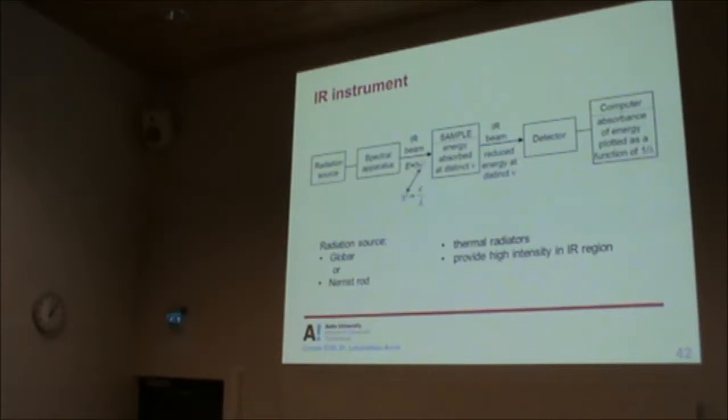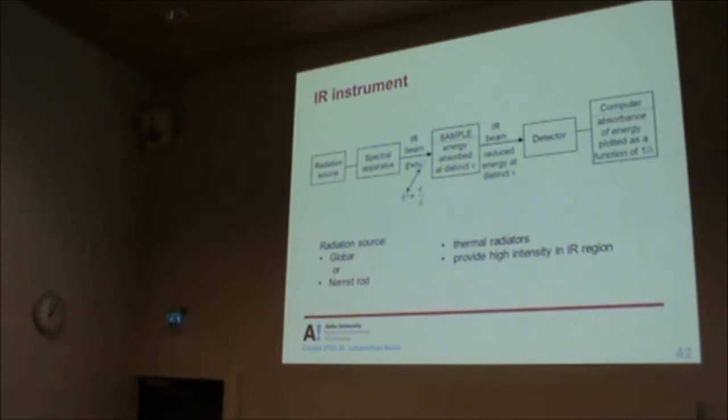As we have seen before, we have the outline of the setup here. We have a source of radiation, we have a spectral apparatus. This is the wavelength selector, if you remember the schematic that we learned in our second lecture. And then we have the infrared beam going through the sample, and the absorption happens if there are bonds corresponding to the frequency that is incident, and the transmitted beam is detected by the detector.